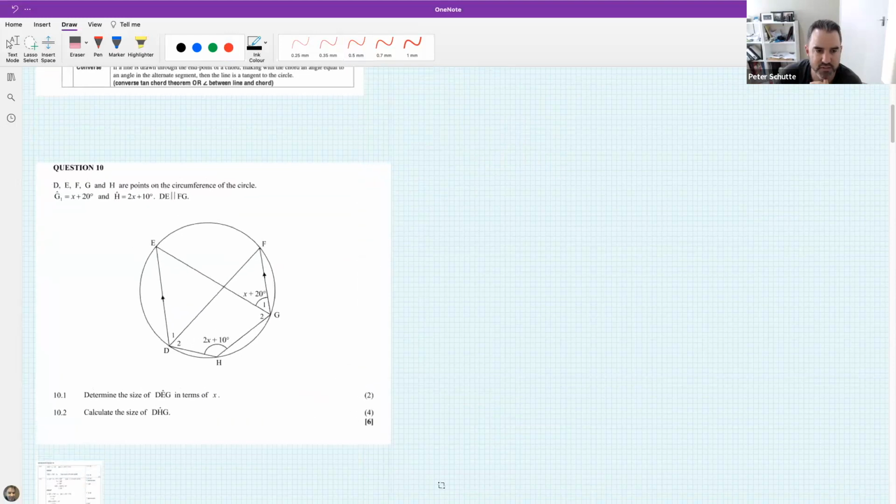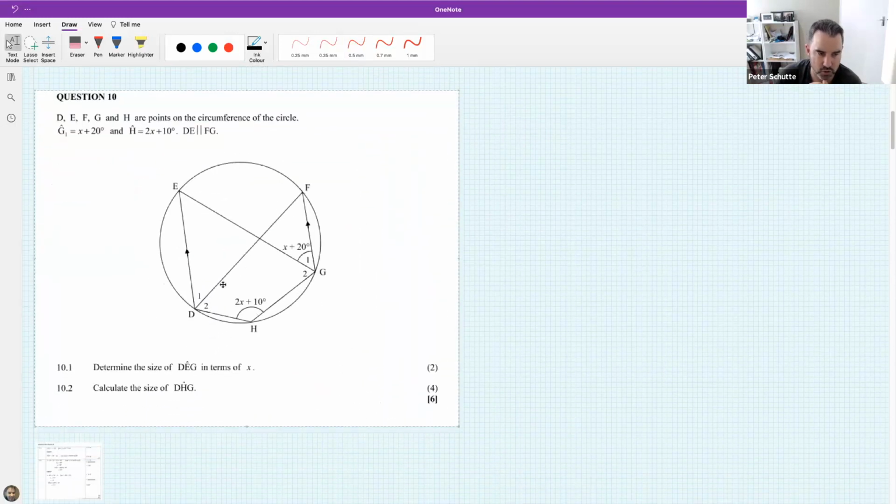If we look at this, what I want to encourage you to do is always start by introducing yourself to the question. So let's take a moment. D, E, F, G, H are points on the circumference of a circle. So here's D, E, F, G, H. The reason I do this is my brain gets a chance to download the information. I'm also told that G1 is x plus 20.